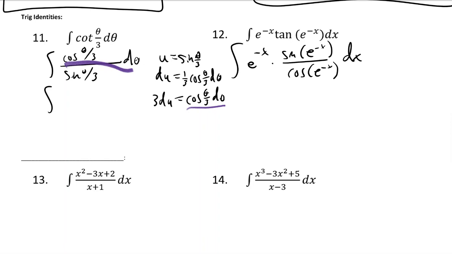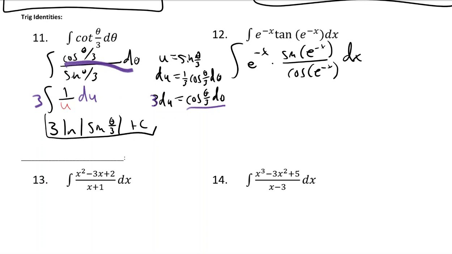So this guy can be rewritten as 1 over u du times a 3. And so 3 natural log of absolute value of u plus c. And of course, if you have time, take the derivative to see that it works.